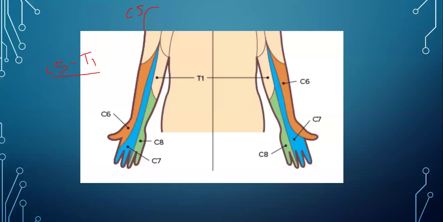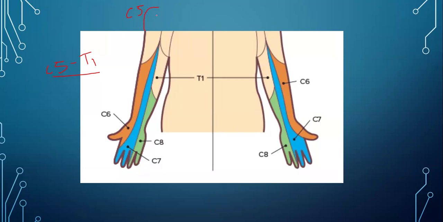C6 supplies this whole part, including the index finger and the thumb, okay? The middle finger is supplied by C7. Little finger and half of the ring finger is C8, and T1 is the upper inner arm.